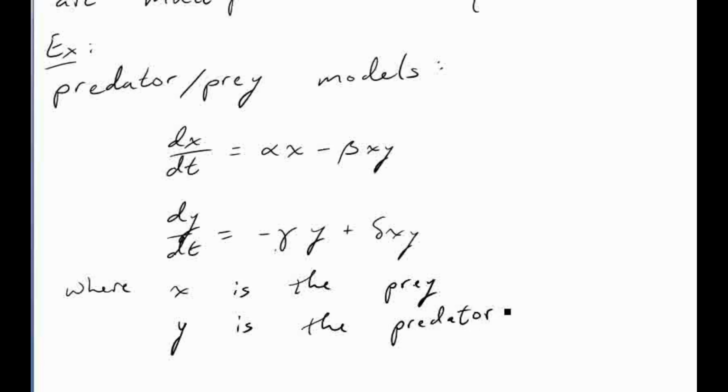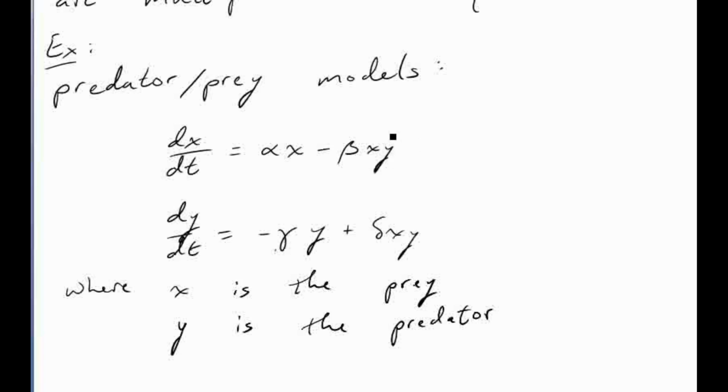And we won't go over this in a huge amount of detail right now, but essentially you can tell this just by looking at the individual components of the differential equations. Whenever you have a system and it involves a term that has the product of the two variables, that is usually supposed to represent interactions between the two quantities.